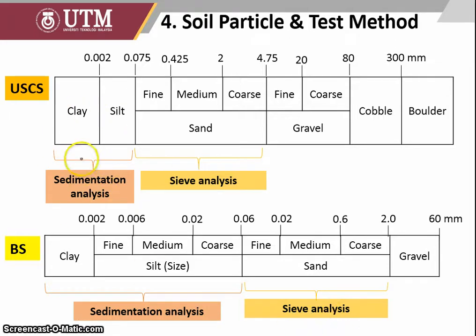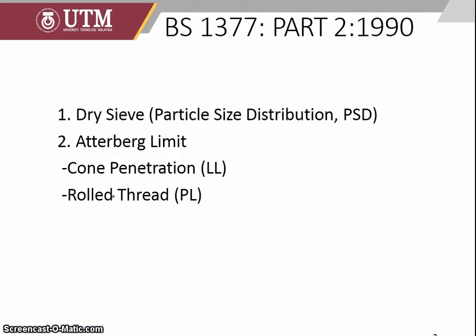Whereas for the clay and silt, we usually do sedimentation analysis, and another one is also the Atterberg limit test, to test their cohesion or plasticity state. Both of the testing in our laboratory courses are based on BS 1377 1990, for dry sieve and also for the Atterberg limit.